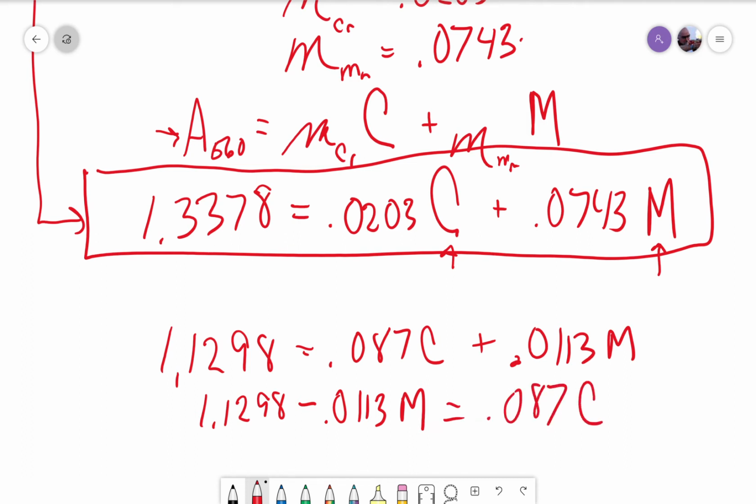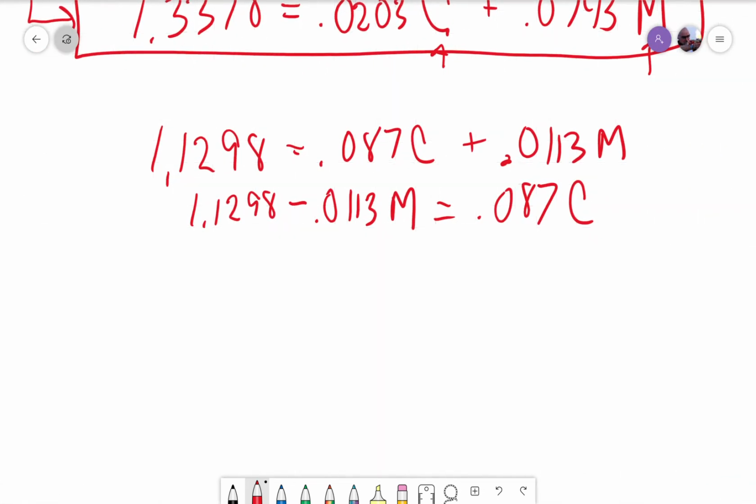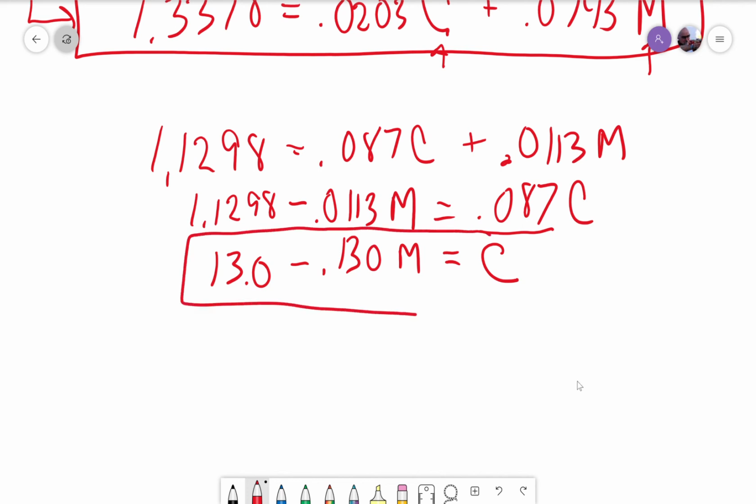I'm just going to subtract the M's from both sides. And now to simplify, to go to three significant figures, when I divide both sides by 0.087, I can find that C is equal to 13.0 minus 0.130 M.